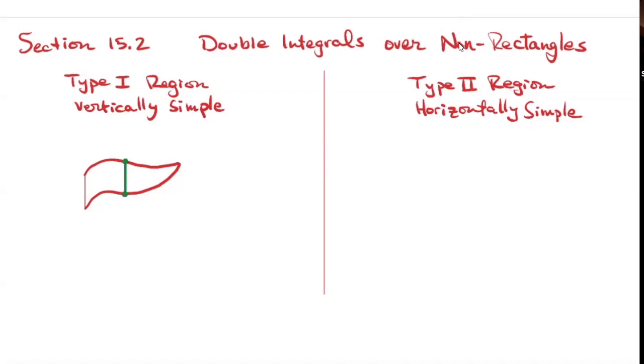Okay, on the top, well, let me get some coordinates to all this. So first an axis for x and y. Okay, on the bottom, you'd have one curve y equals f1 of x, and on top y equals f2 of x. And then you'd have to have limits on x.